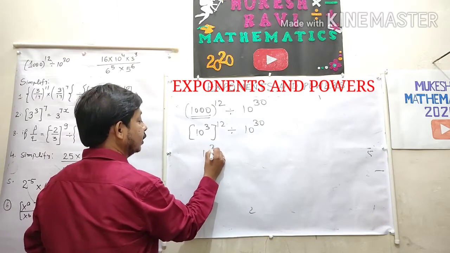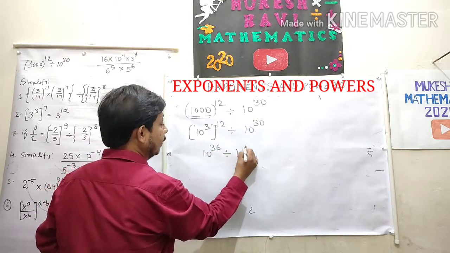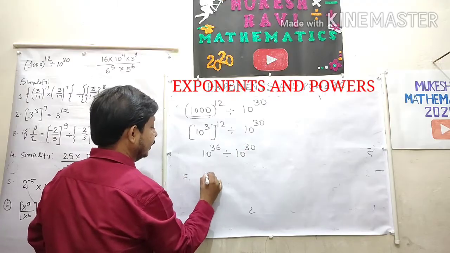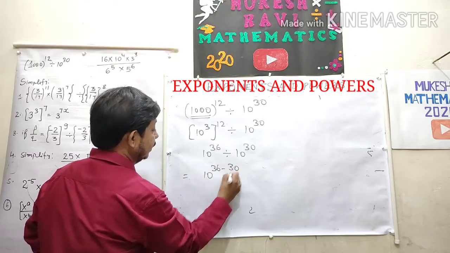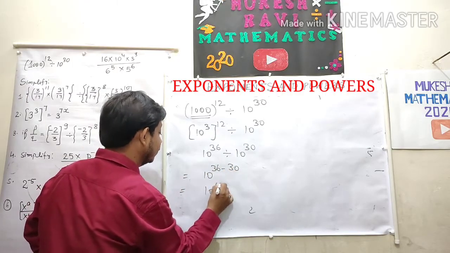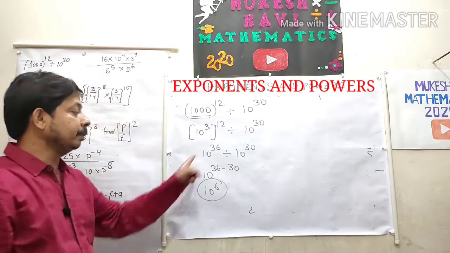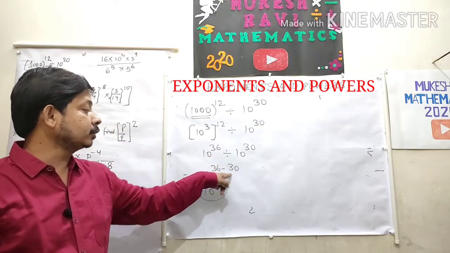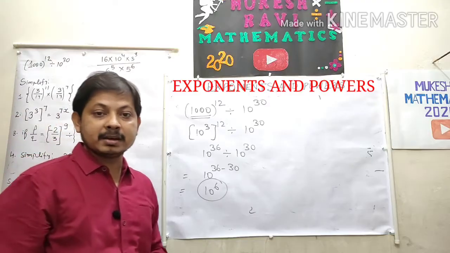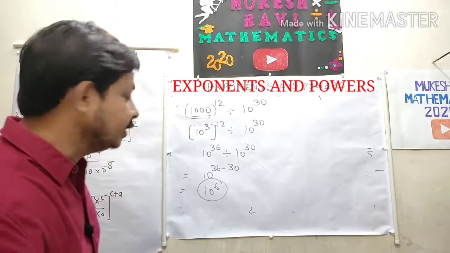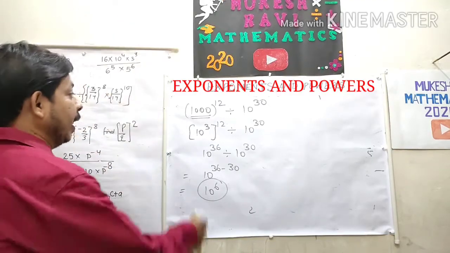Now 10 to the power 36 divided by 10 to the power 30. So it should be 10 to the power 36 minus 30, that is 10 to the power 6, 10 lakh. When the base is same in division, the power should be subtracted, larger minus smaller. So these are the basic points about powers.